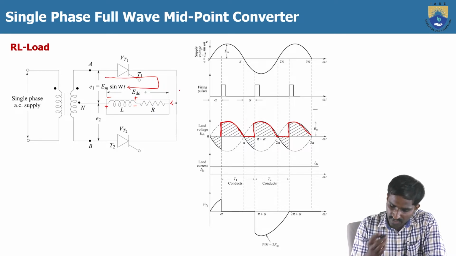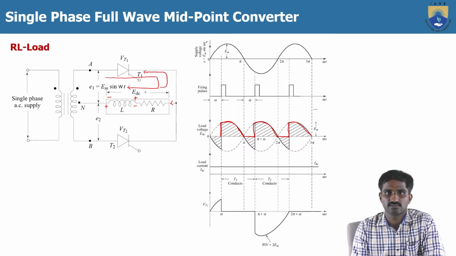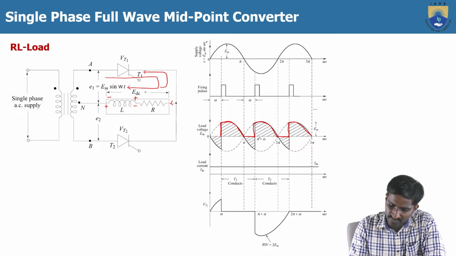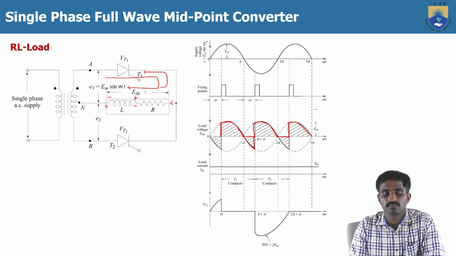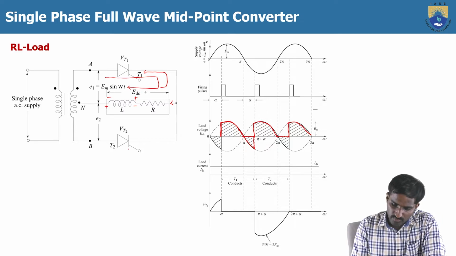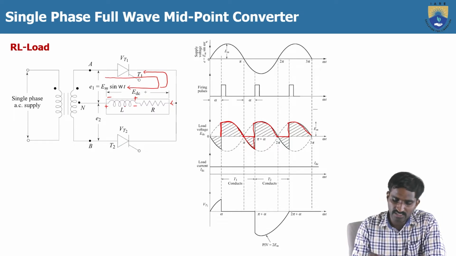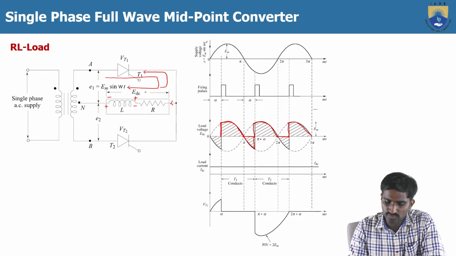Then some load current, I mean the energy, will flow through the thyristor T1 in reverse biased, because the forward direction is this way, but it is going in the opposite direction. So until thyristor T2 is turned on, the thyristor T1 will conduct in reverse bias. Then when the triggering pulse is given to the thyristor T2, immediately the thyristor T1 will turn off and the thyristor T2 will turn on.